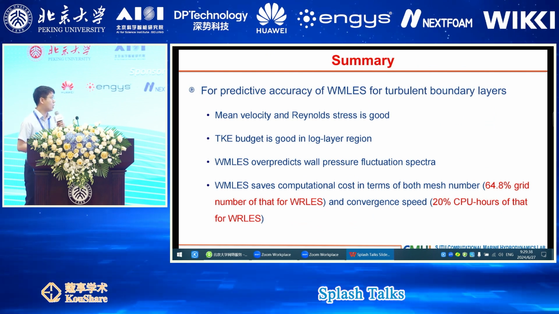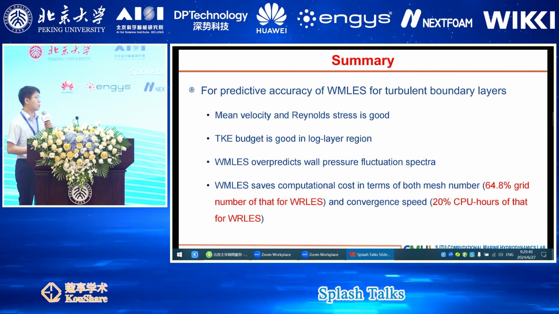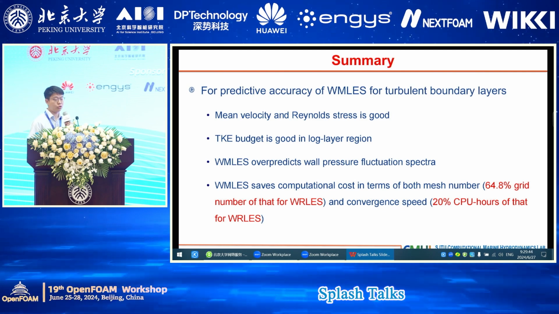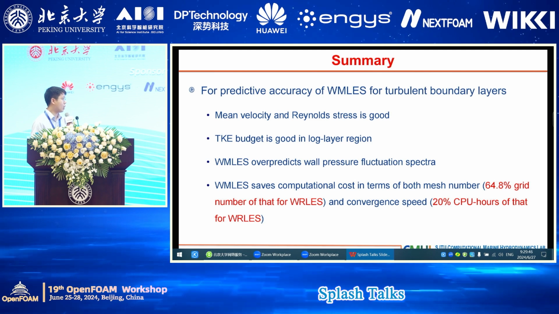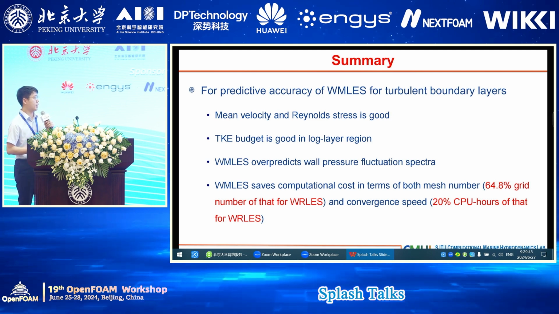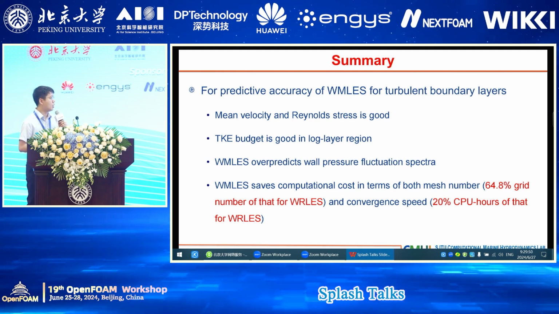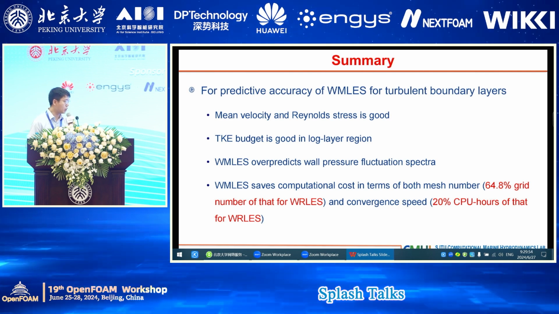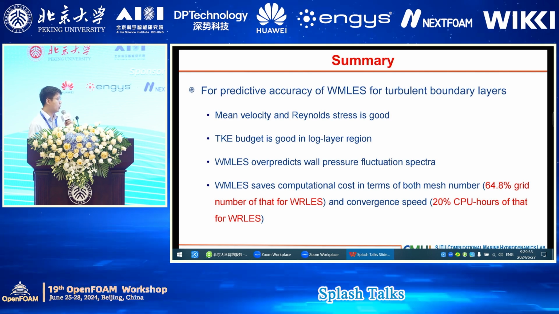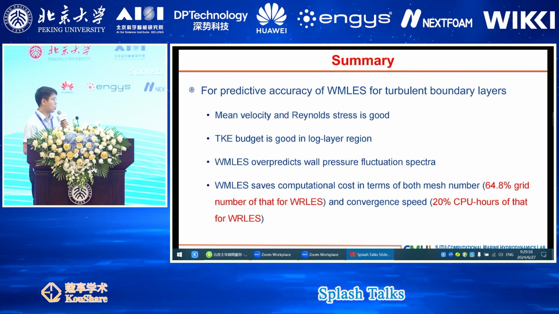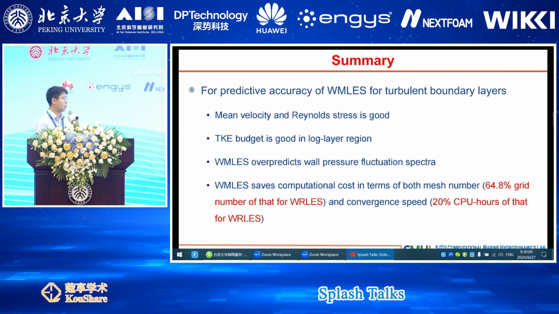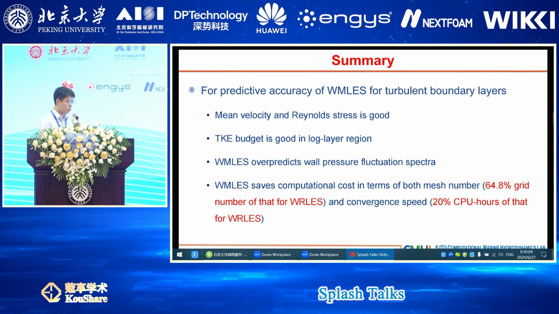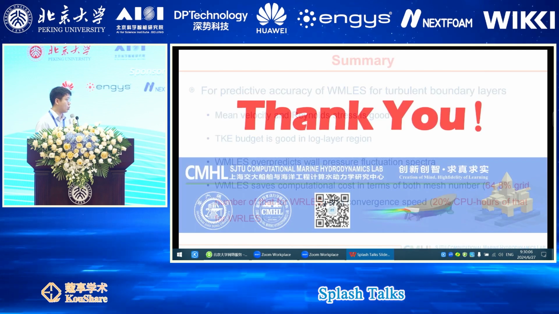The mean velocity and Reynolds stress, as well as the TKE budget, are very good in comparison with the DNS result. However, wall-modeled LES overpredicted the wall pressure fluctuation spectra. One of the most important points is that wall-modeled LES saves the computational cost by up to about 20% of CPU hours compared to resolved LES. That's my talk. Thank you.